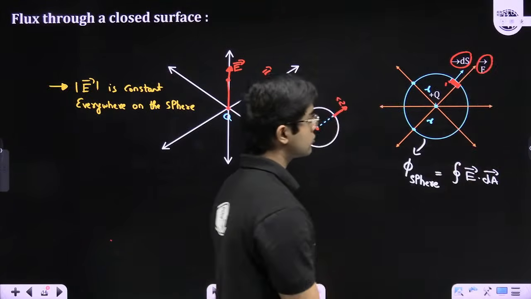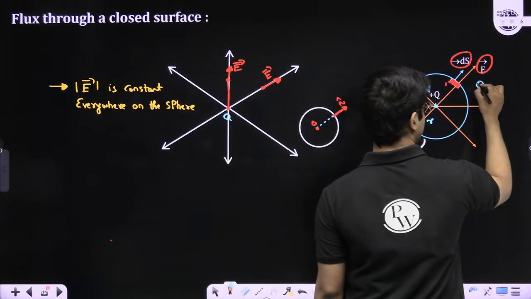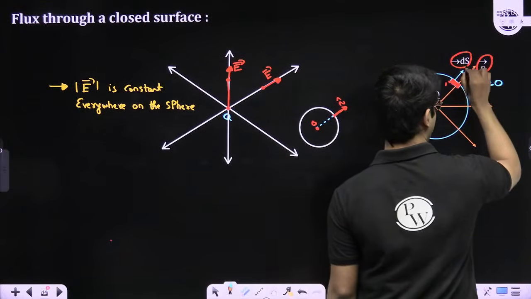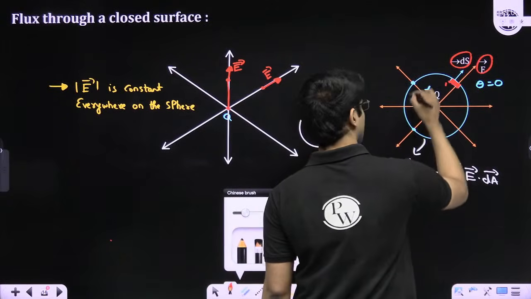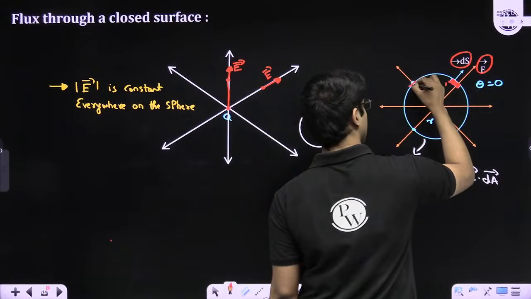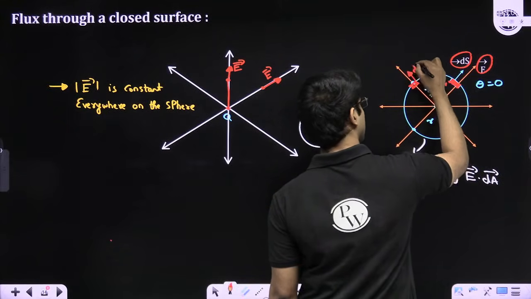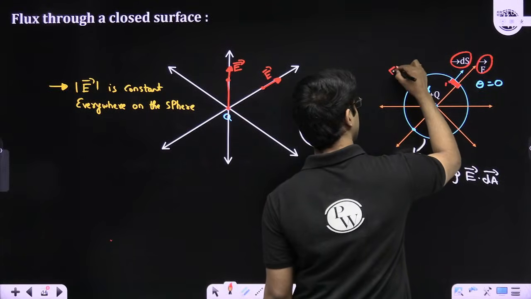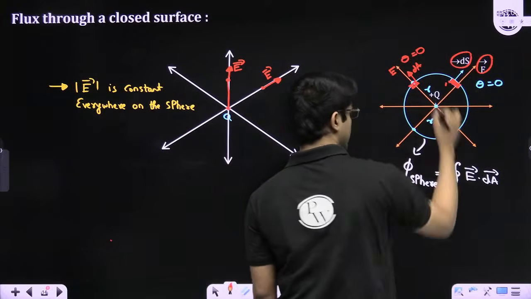Electric field is also radially outward, which means the angle between E and dS is 0. They are parallel. Similarly, you can choose a point here also. Here also, if you choose a small area, the area vector will be radially outward. Electric field will be radially outward as well. So here also the angle theta is 0.